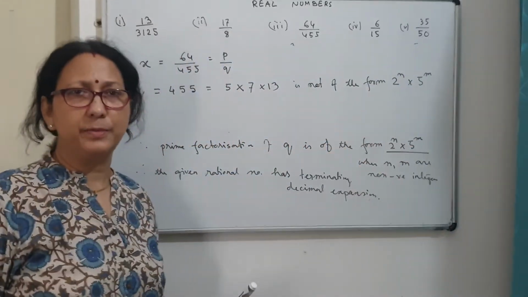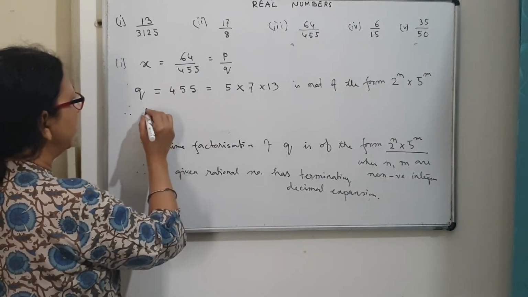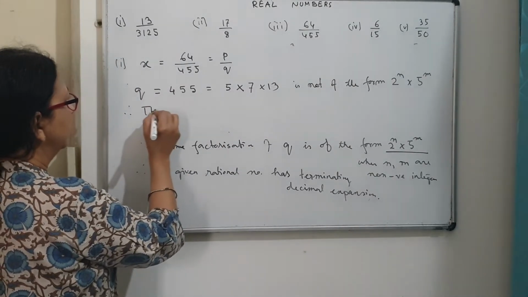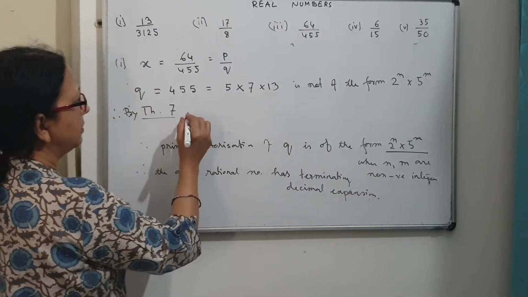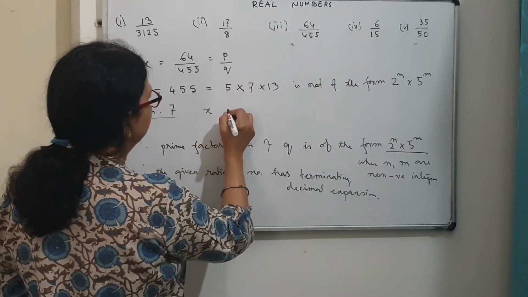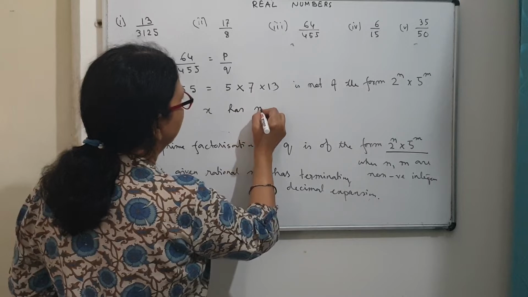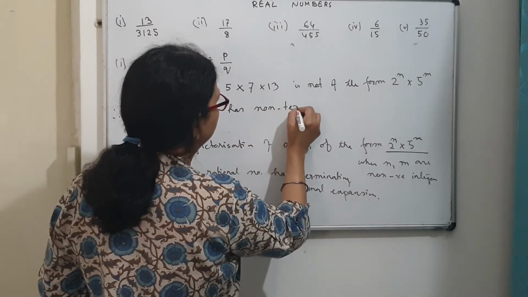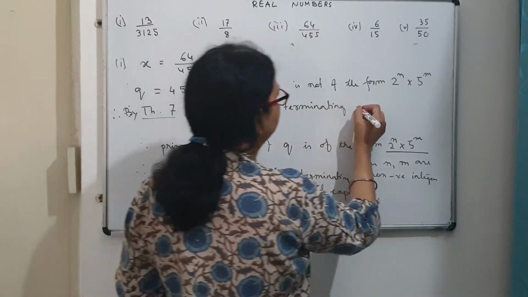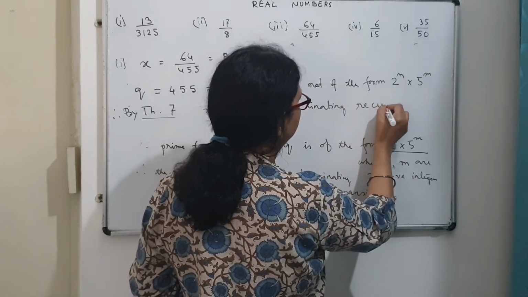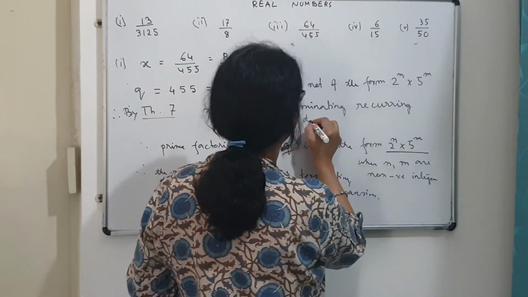So by the last theorem, that is theorem 7, we say, therefore by theorem 7, x has a non-terminating and recurring, meaning repeating, non-terminating recurring decimal expansion.